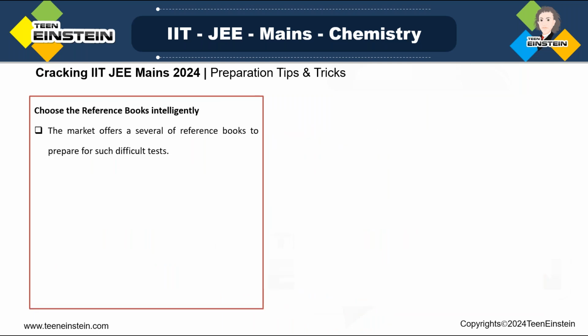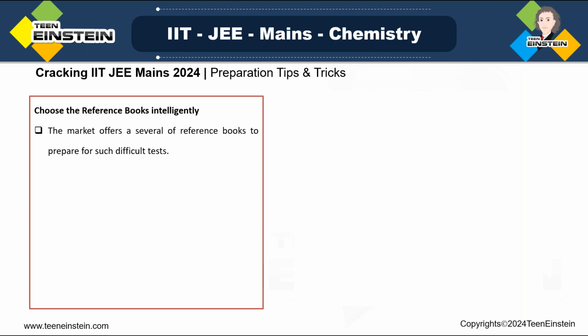Choose the reference books intelligently. Though few days are left, still, if you are thinking about this, you should not waste much time searching for books, because we don't have much time now. In general also, choose them very intelligently. You can take advice from your seniors or someone who has already appeared for this exam.